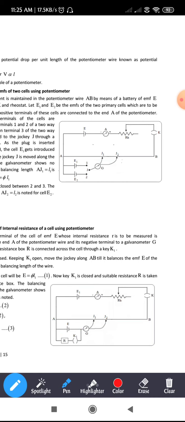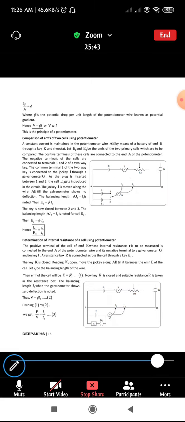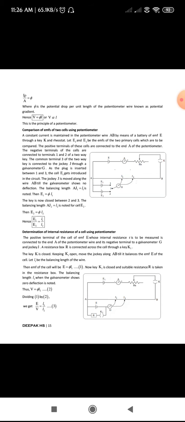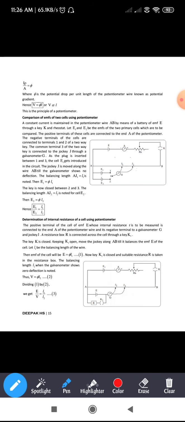Okay. So what we are going to do first is close the plug key K. K is closed now. You have two plug keys here, one is K1 and one is K. As of now K is closed and K1 is open.